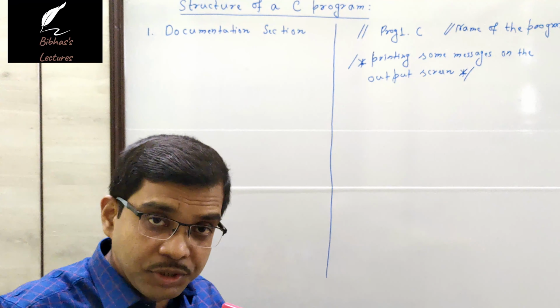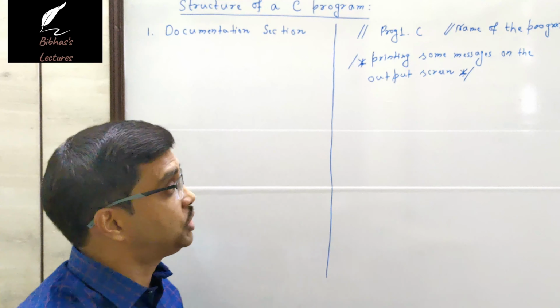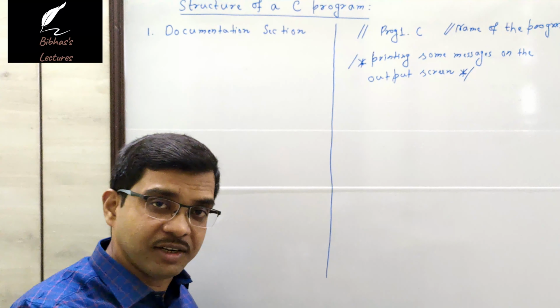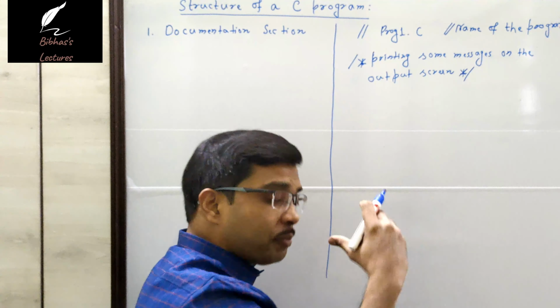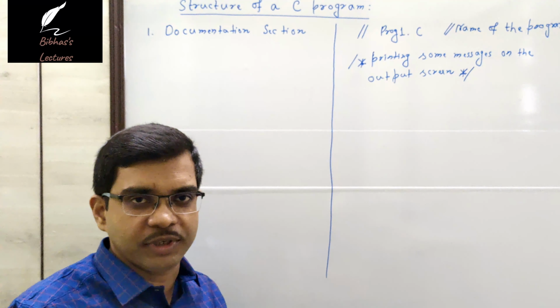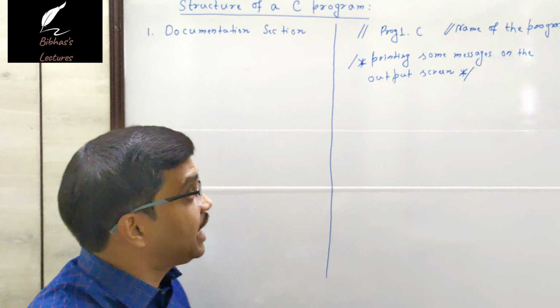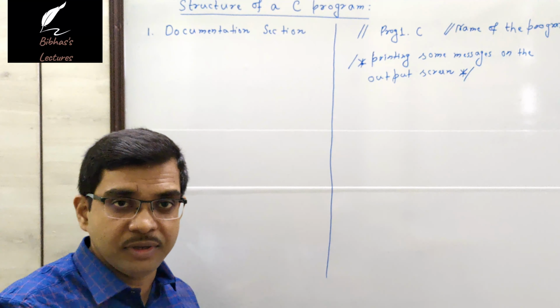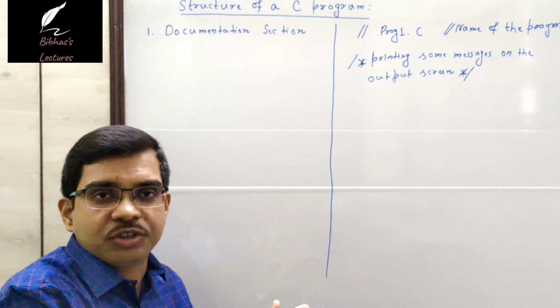And whenever a new programmer or any programmer sees the program later on in future, he or she will have a clear understanding that this program is printing some messages on the output screen, and that is all about the program. So that is called the documentation section, and this section is optional. But it is a very good practice whenever you are writing, so make a documentation of that.